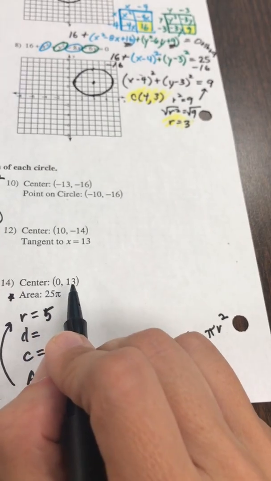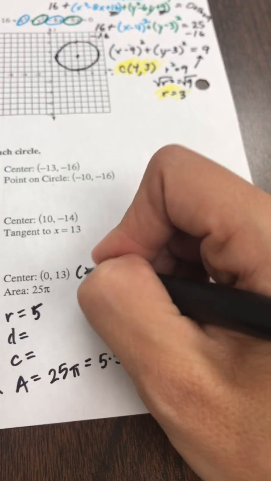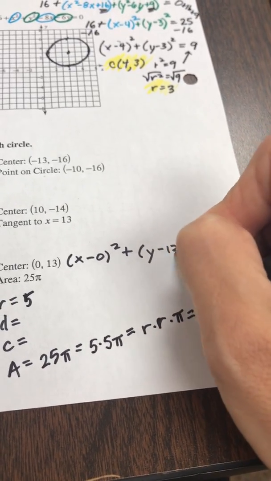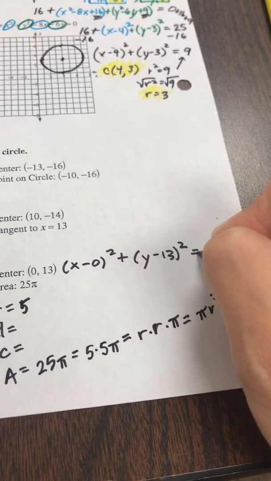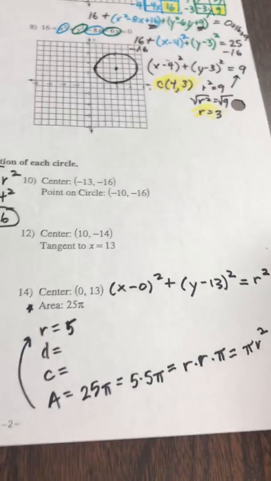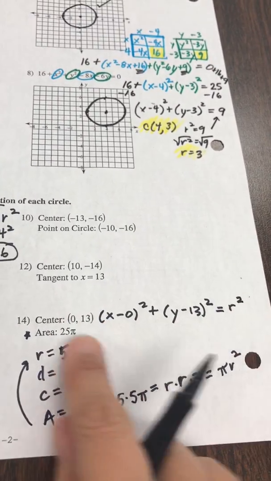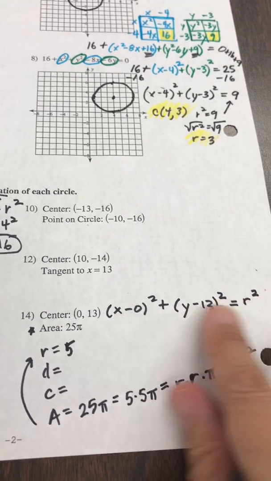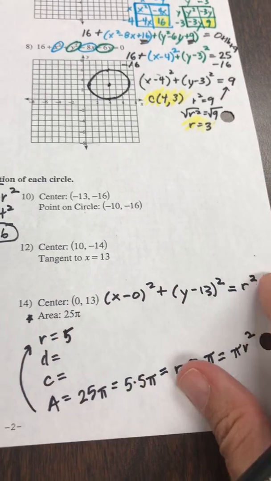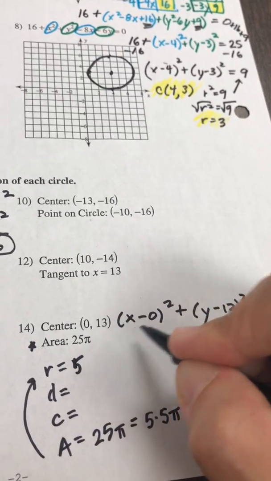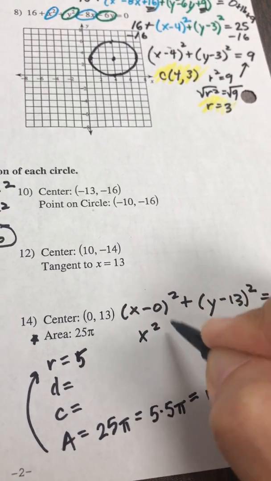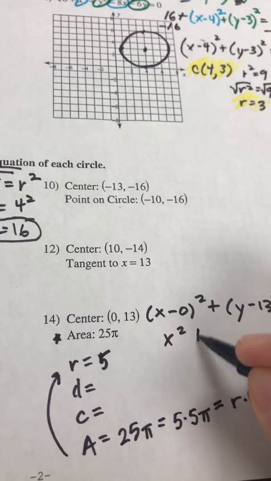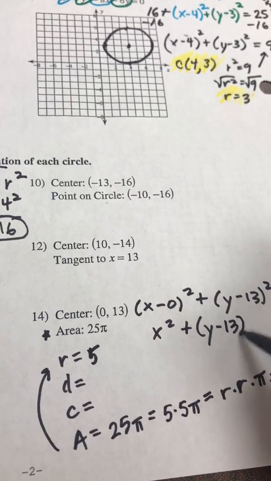So one possible answer for 14 would be x minus 0 squared plus y minus 13 squared equals the radius squared. We also, though, using those same patterns, does that make sense? Now we also have additional information here, so another way we could write this is x squared, because that's also a true statement. These are the same thing. We could write this one in the same way.